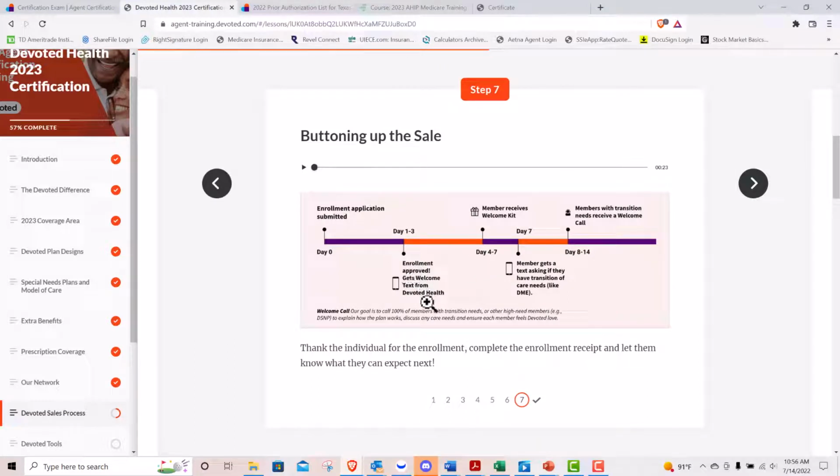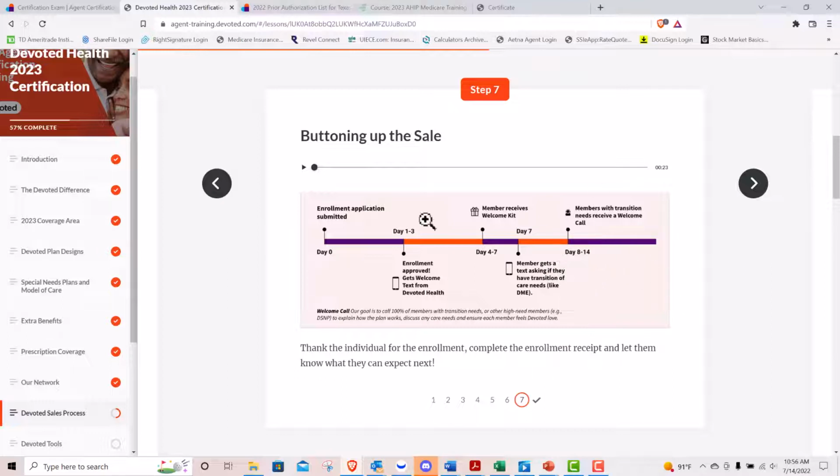So it looks like days 1 to 3, they get their welcome text. Days 4 to 7, they receive their member kit, their welcome kit. Day 7, they get asked if they have transition of care needs, like durable medical equipment items, potentially some pharmacy items, Part D medication that are really important that they need to get transferred right away. And then the welcome call. So remember that.